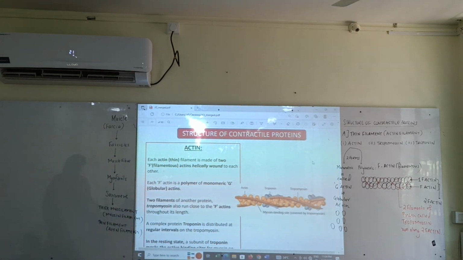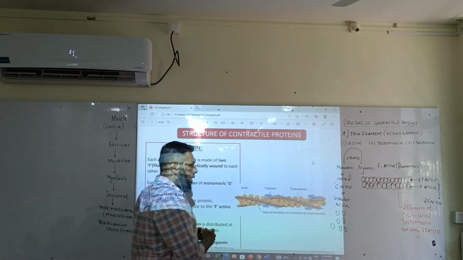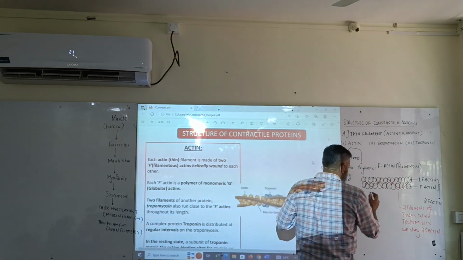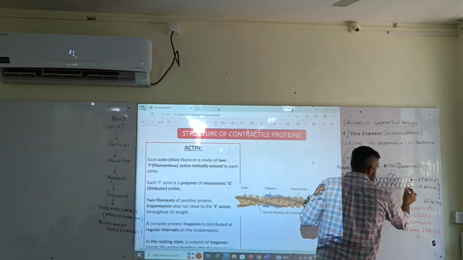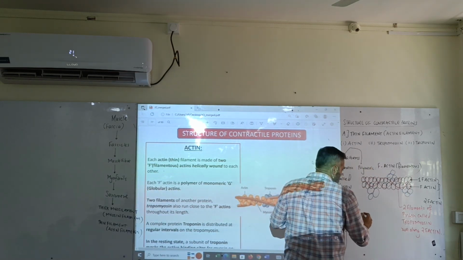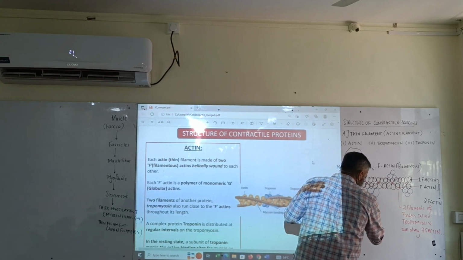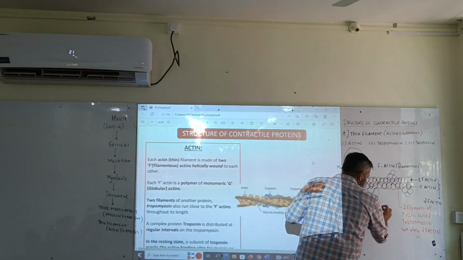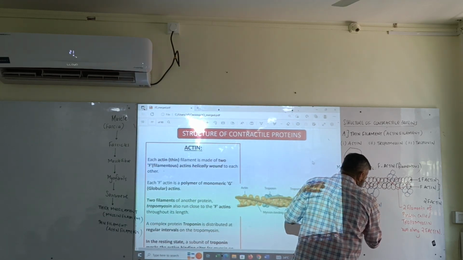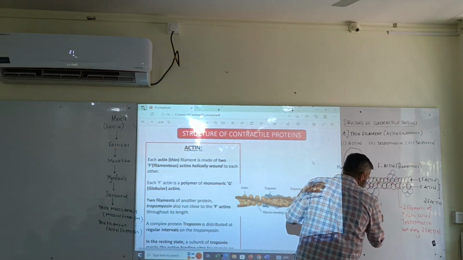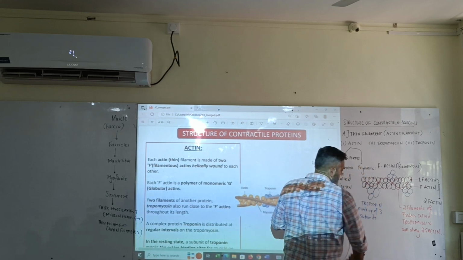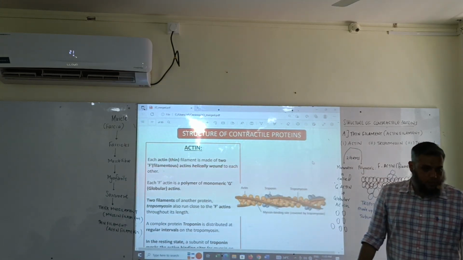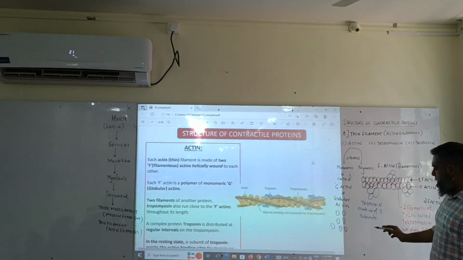Should I continue? Yes. Then at regular intervals there are proteins called troponin. What are the proteins called? Troponin is made up of 3 subunits. Okay? The NCERT has not mentioned the names of the 3 subunits.